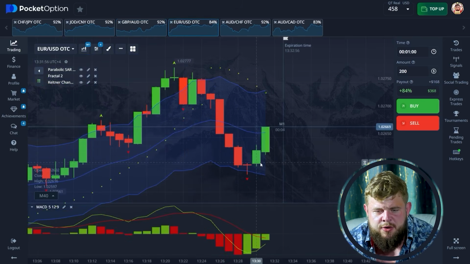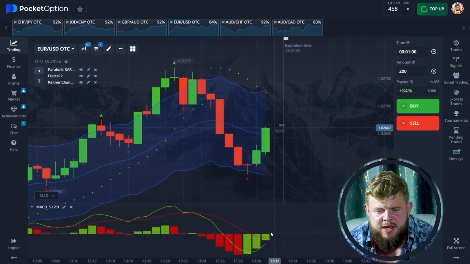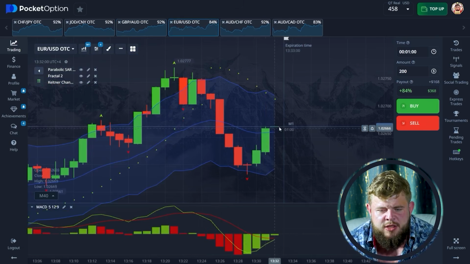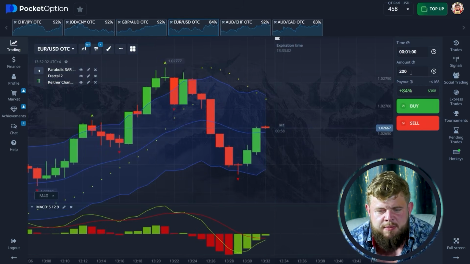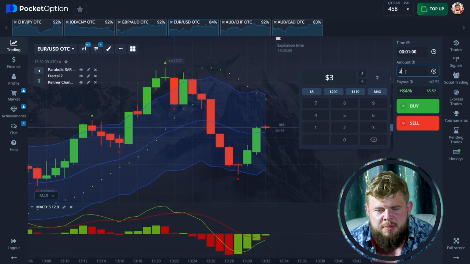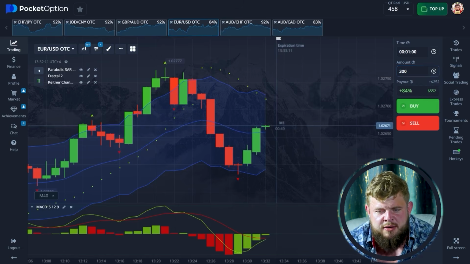Okay, let me check Euro USD right now, and here the price was stopped by the strong support line zone. We started receiving the pullback reaction, which results right now in a short-term upgoing correction. Let me change our investment to $300.